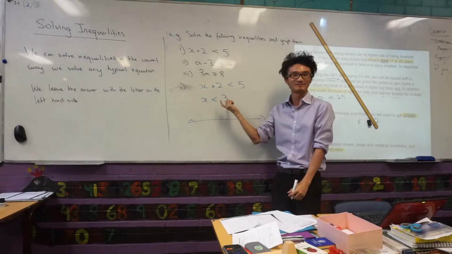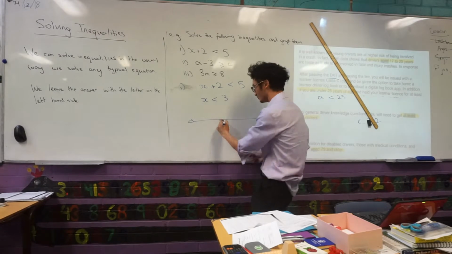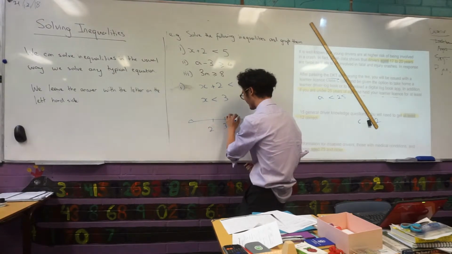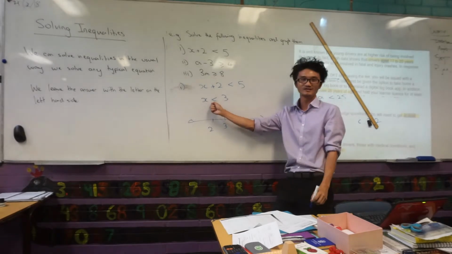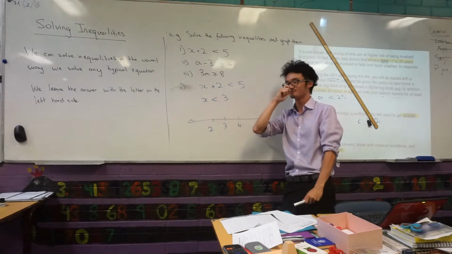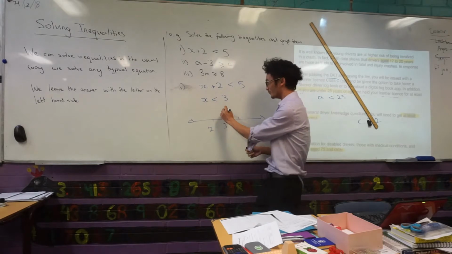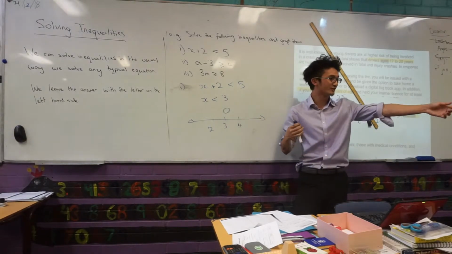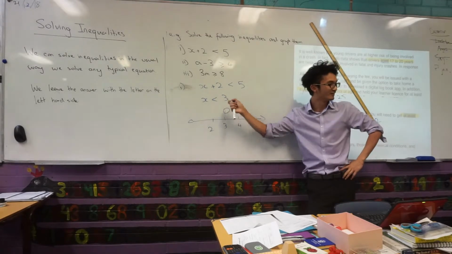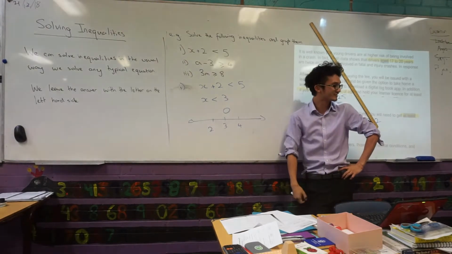What you want to do, just to start by graphing them, you just see what number is important here. I've got a 3, I'll just draw the numbers around it. Joel, because of this symbol here, which circle do I want to be using? Yeah, the open one, because it's less than. I can't be equal to that. Now, some of you remember a little trick. Corey, what was the trick that you remember, like, remember which way the arrow goes?